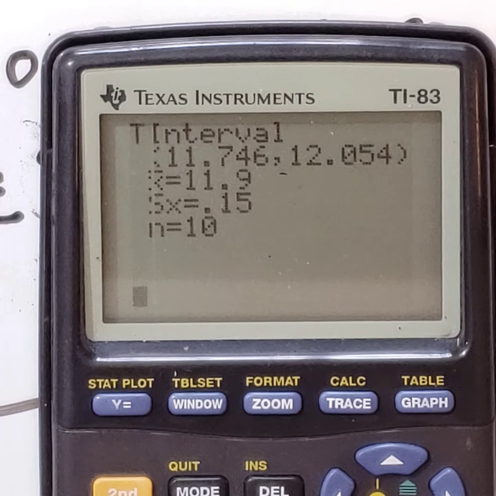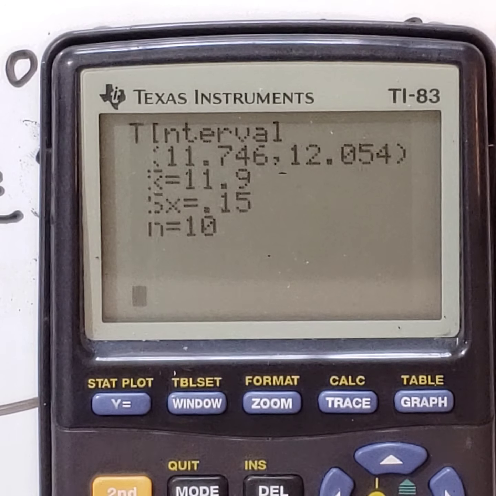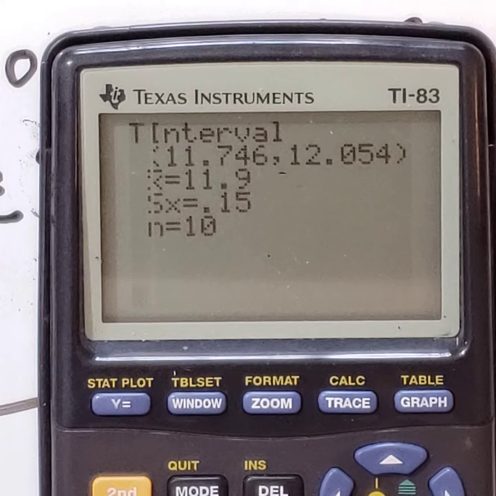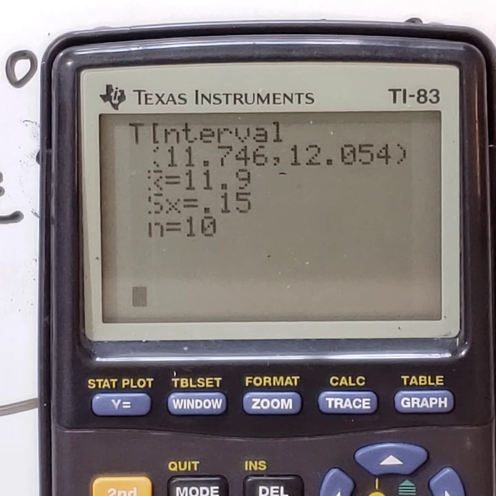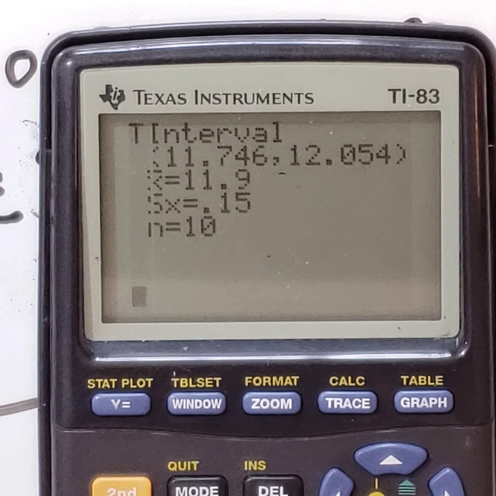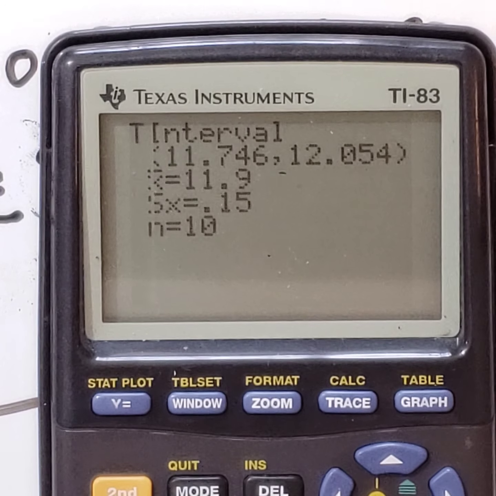And now we get 11.75 and 12.05. That's not a huge difference, but when we're talking about statistics and you're using them in medicine or in court, those little differences can make a big difference. So that's why we have the t-distribution, because when we have a small sample, that standard deviation is not a reliable predictor of the population standard deviation.